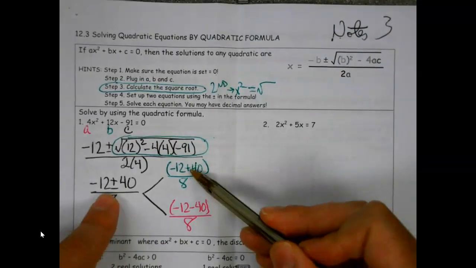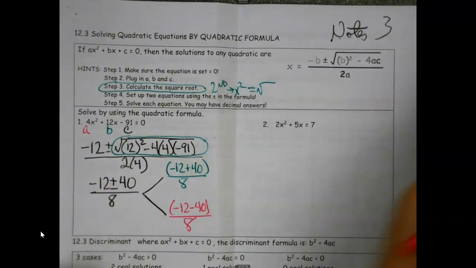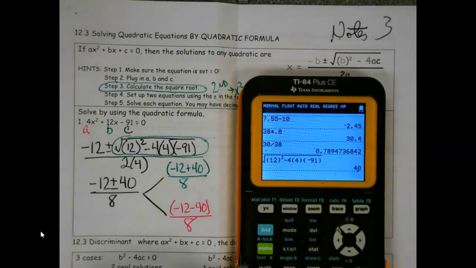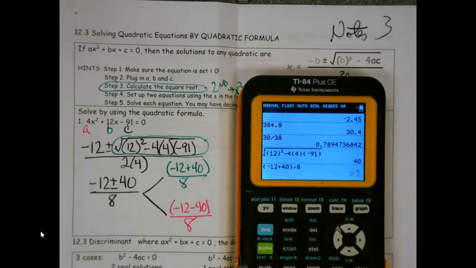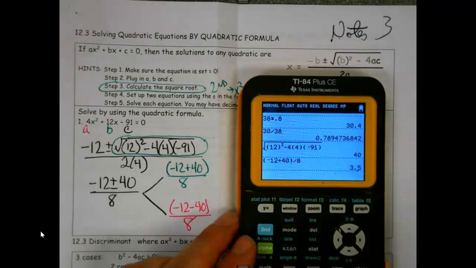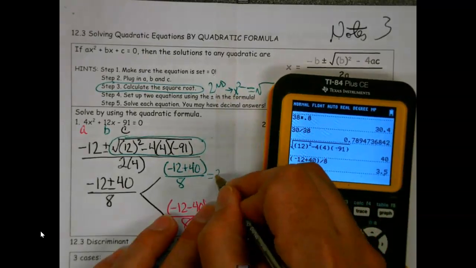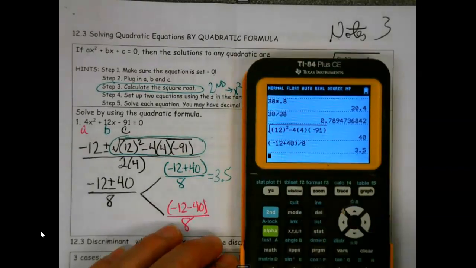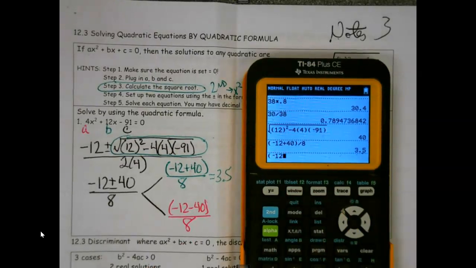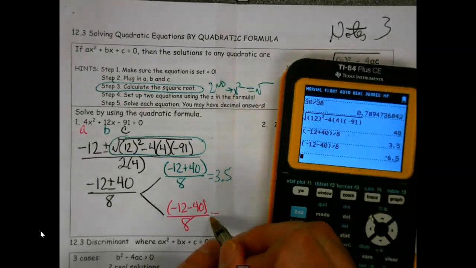So notice, when we did plus, when we did minus, that's the difference with these. When I'm putting this in the calculator, I can either put that in parentheses, type it in directly as it is, and get my answer. That works. Remember my parentheses, I can type that in and get my answer. And I'm done.